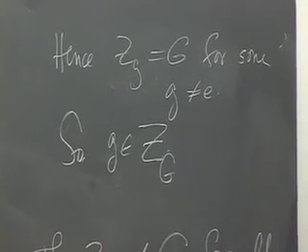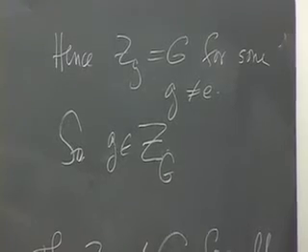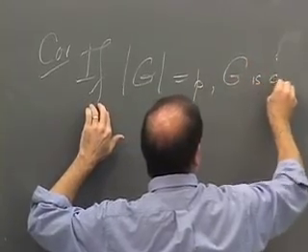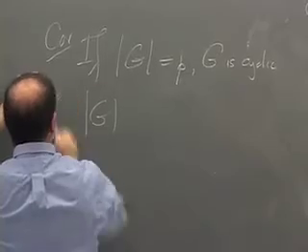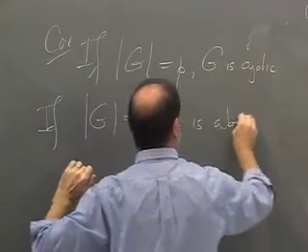Let's push that a little harder. Corollary: if the order of G is equal to p, G is cyclic. If the order of G is equal to p squared, G is abelian.